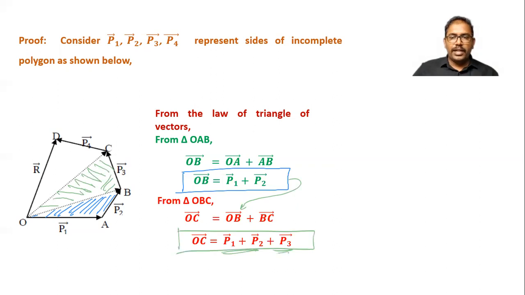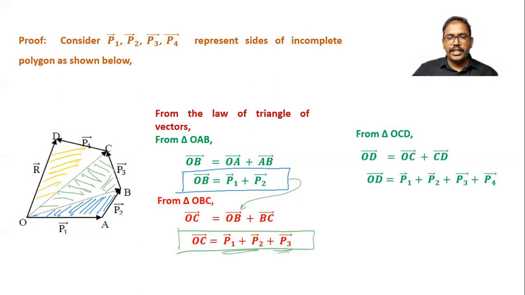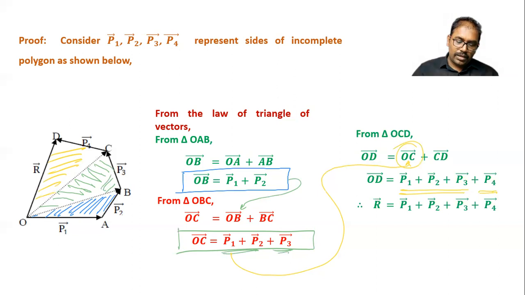In a similar manner, from triangle OCD, you can see the remaining triangle now. By this remaining triangle, again OD bar is equal to OC plus CD bar, and this OC bar we can substitute here. So it is P1 plus P2 plus P3 bar, and this CD represents P4 bar. So here we are. This is the resultant.